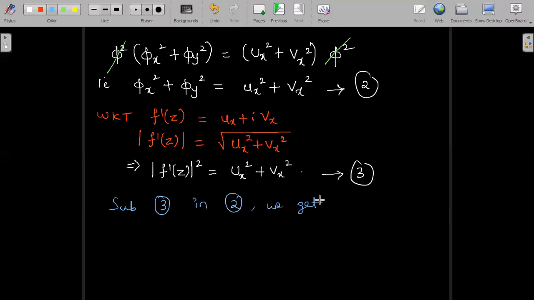The left hand side is 5x square plus 5y square, which I keep as it is, and the right hand side is nothing but mod f dash z the whole square, because ux square plus vx square from equation 3 is nothing but mod f dash z the whole square. Hence the proof for us.